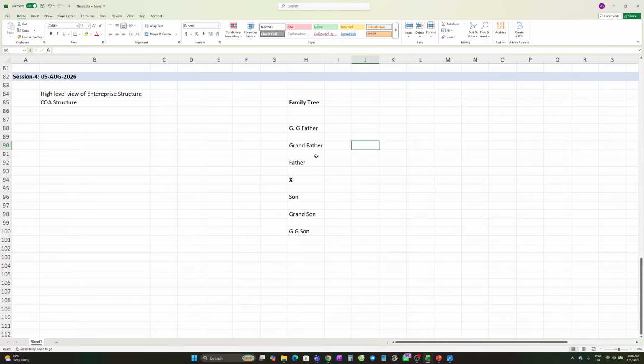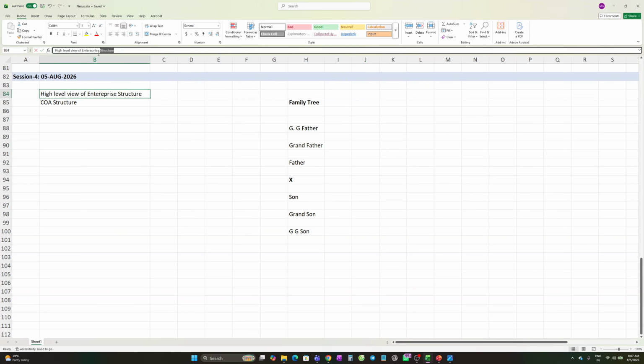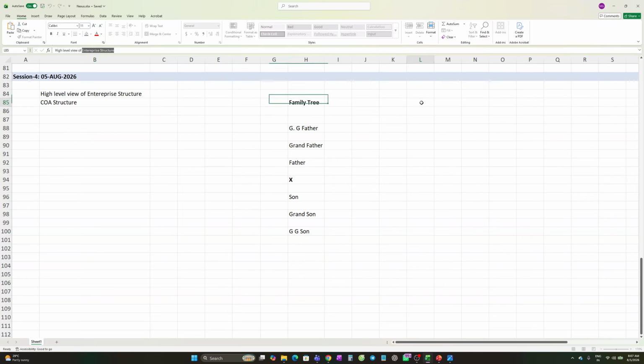As with the family tree, in Oracle ERP also there is an enterprise structure. This is the enterprise structure. First we discuss the enterprise structure, and then we'll move forward. I'm giving a high level view of the enterprise structure.